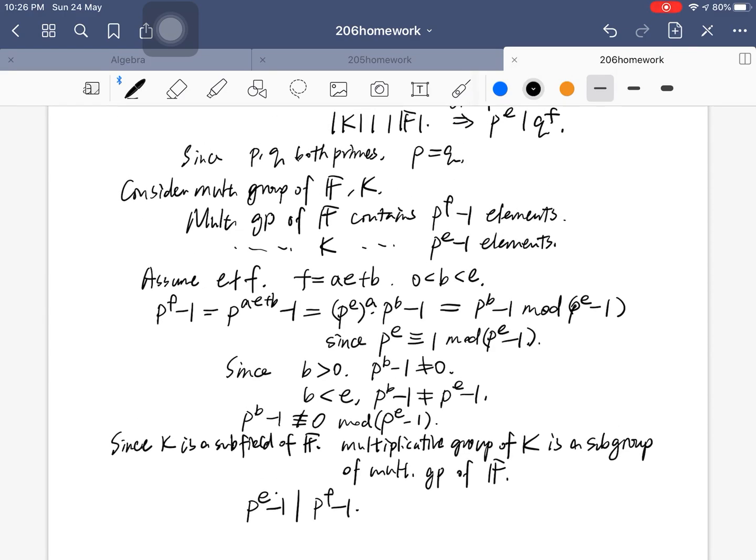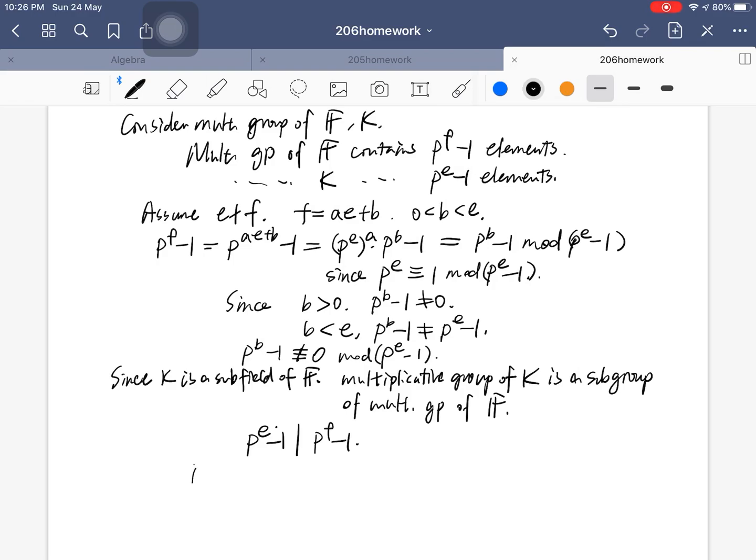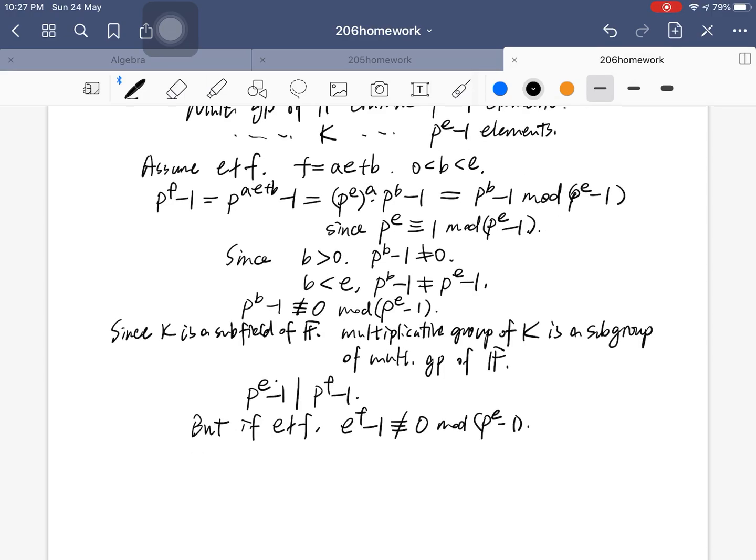This is the assumption that K is a subfield of F. But now we've proved that if e does not divide f, then P to the power f minus 1 is not congruent to 0 mod P to the power e minus 1, which means that P to the power e minus 1 does not divide P to the power f minus 1. And so this is a contradiction.